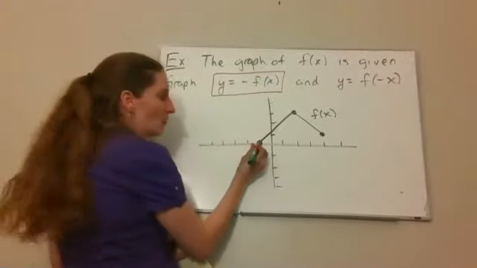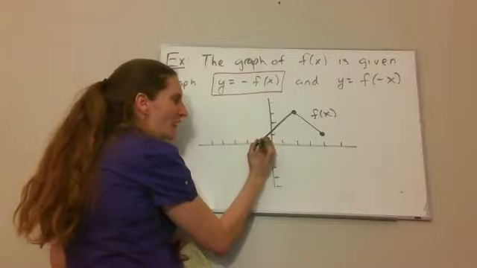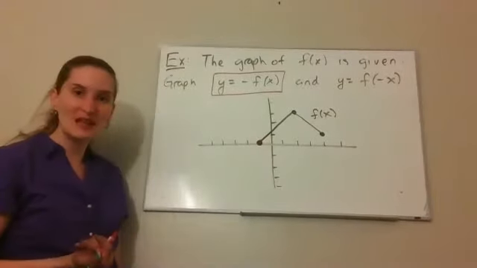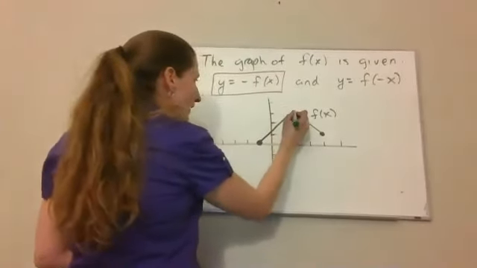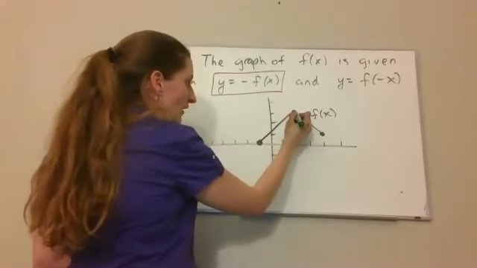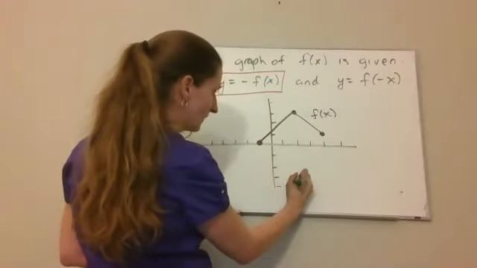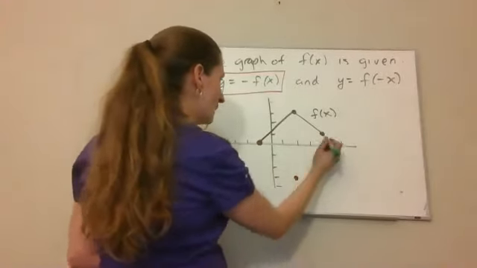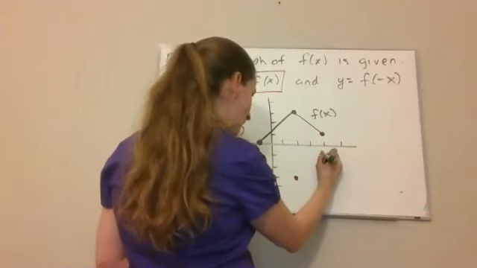Let's start with this point. When I reflected across the x-axis, well, it was already on the x-axis, so reflecting keeps it there. This next point, up at positive 3, when I reflected across the x-axis, it's going to end up down here at negative 3. And this point that was up at positive 1, when I reflected, it's down at negative 1.